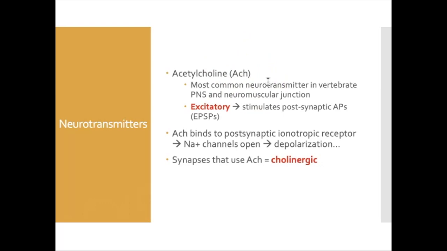Acetylcholine, if you recall from our discussions of the neuromuscular junction, is an excitatory neurotransmitter. And what that means is that when it binds to those receptors that are on the postsynaptic membrane, it stimulates action potentials. Another way of saying that is that the effect of an excitatory neurotransmitter is to generate excitatory postsynaptic potentials, or EPSPs as we call them.